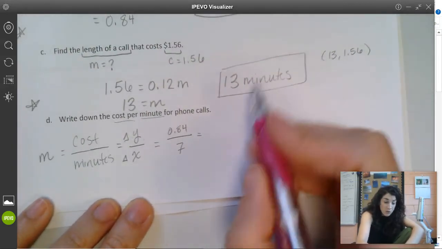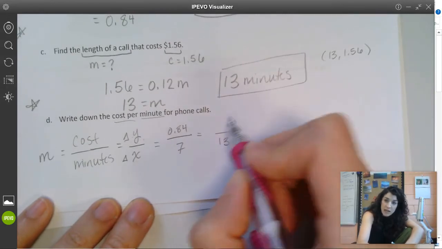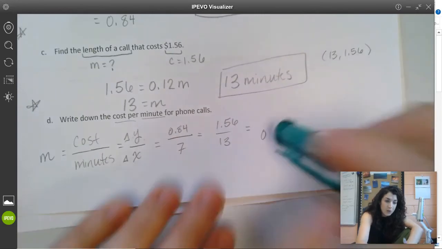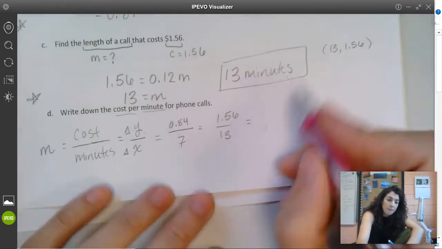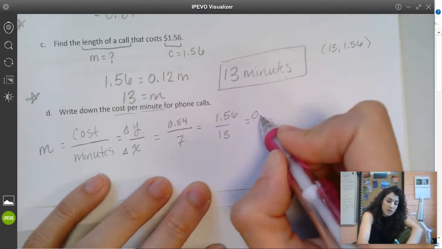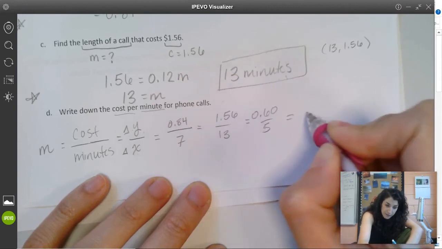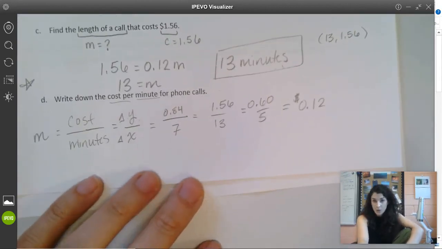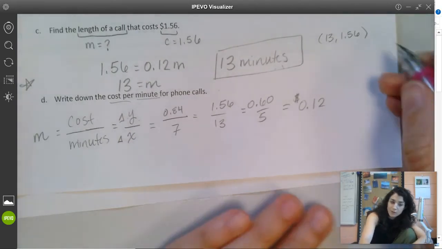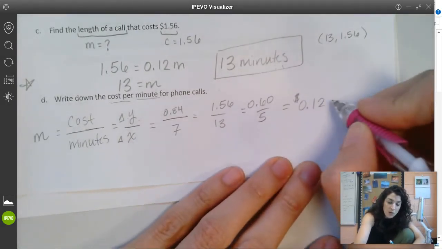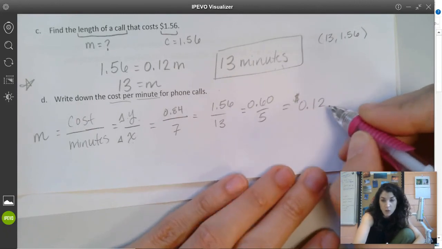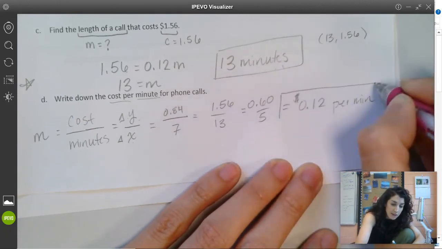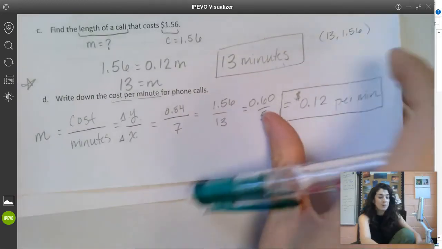It will also equal if you took $1.56 divided by 13 minutes. It would also be equal to 60 cents divided by 5 minutes. They would all give you back the same answer. So that's 12 cents or $0.12 per minute. But realize it's just our slope.